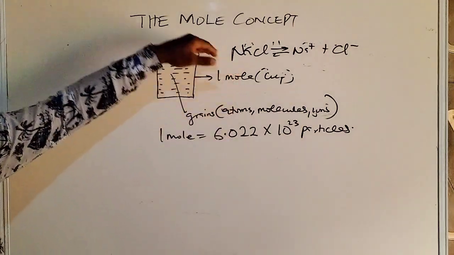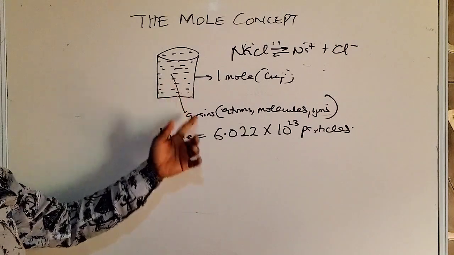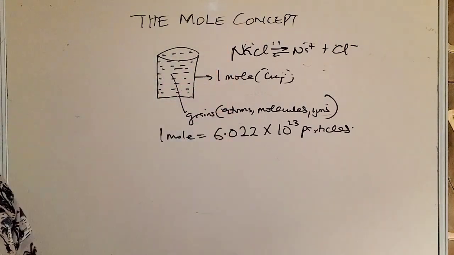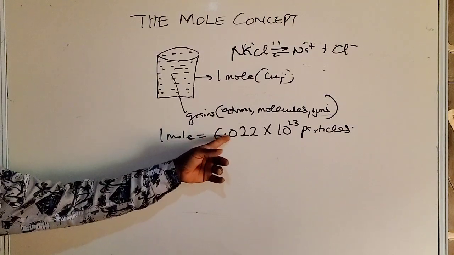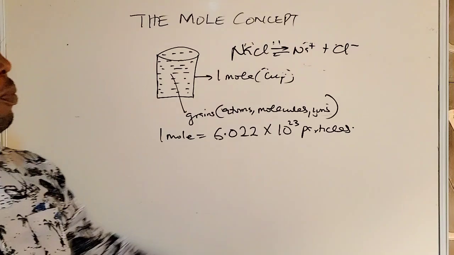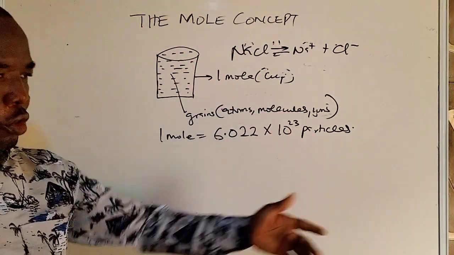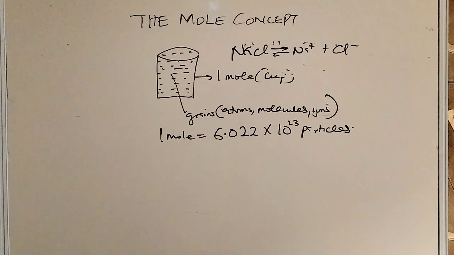If this solution fills up this cup, how many particles of the ions will make up 1 mole of this solution? We also need 6.022 × 10^23 sodium and chloride ions to make up 1 mole of sodium chloride solution. So the mole is like an abstract idea, but you have to understand it.